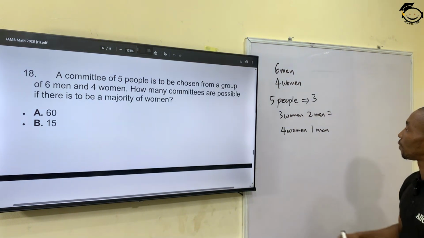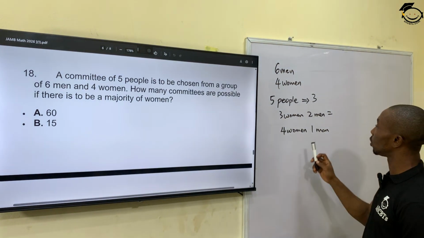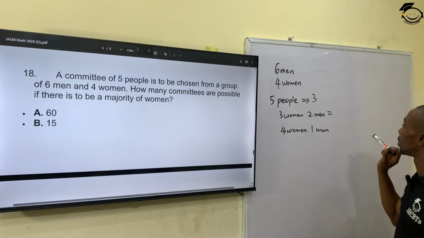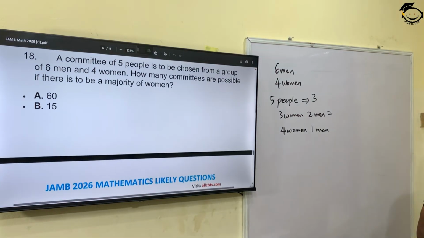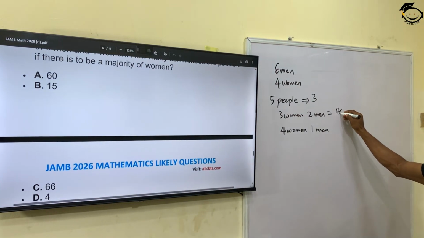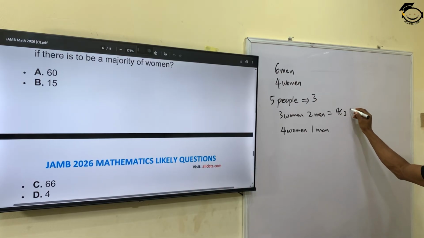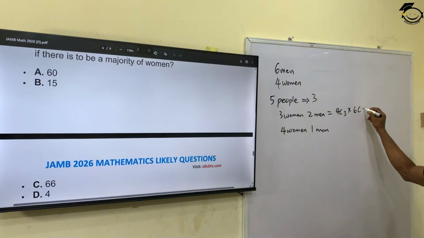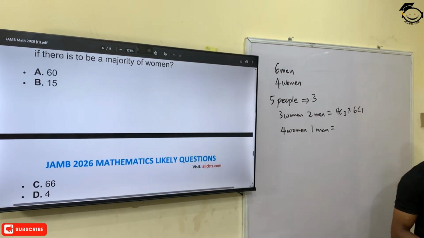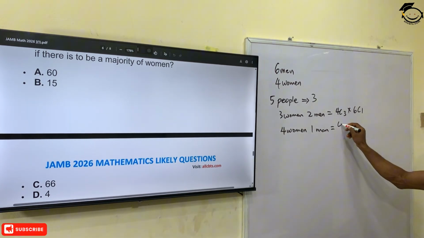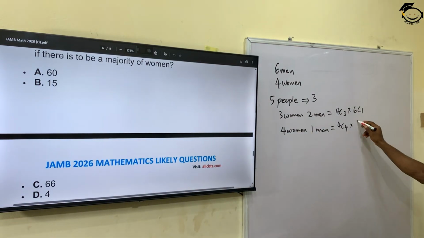Then for this we'll be having 4 combination 4, and this will be 6 combination 1, which will give us 4 combination 3 times 6 combination 1, plus 4 combination 4 times 6 combination 1.